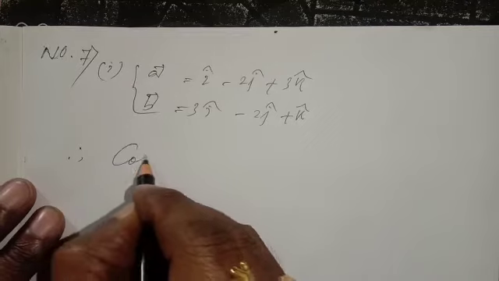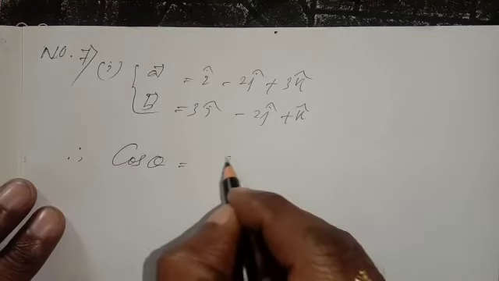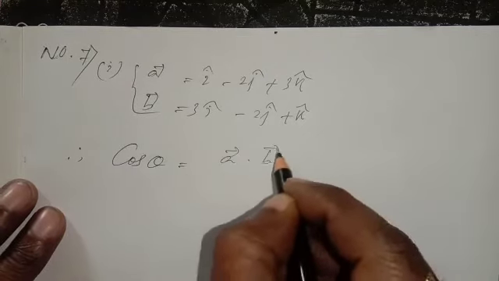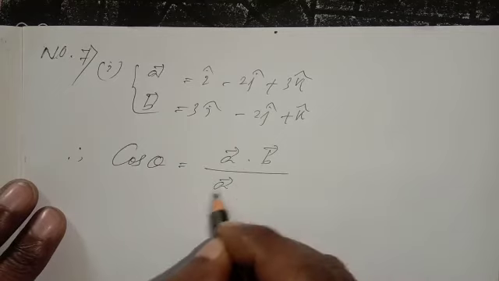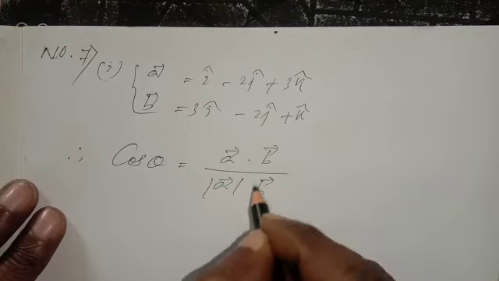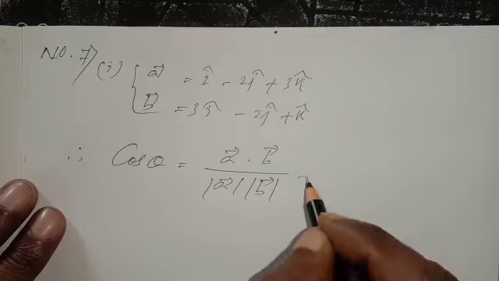Let the angle be theta. Cos theta is equal to A dot B divided by the magnitude of A times the magnitude of B. What will A dot B be?